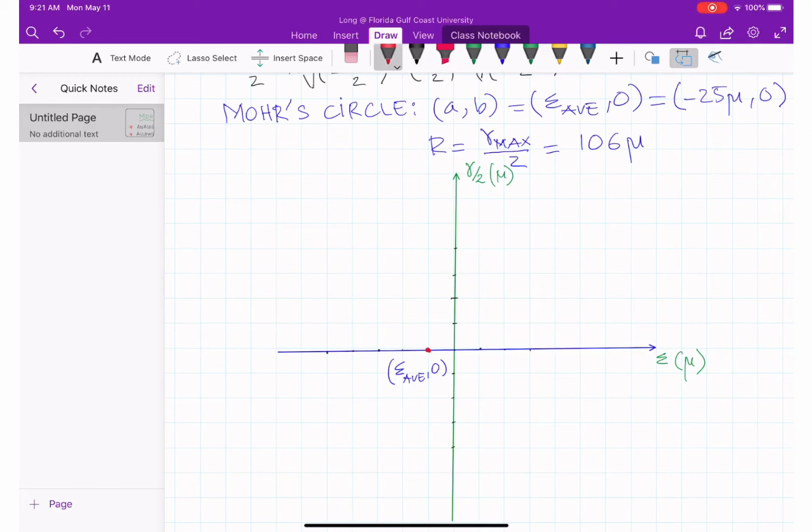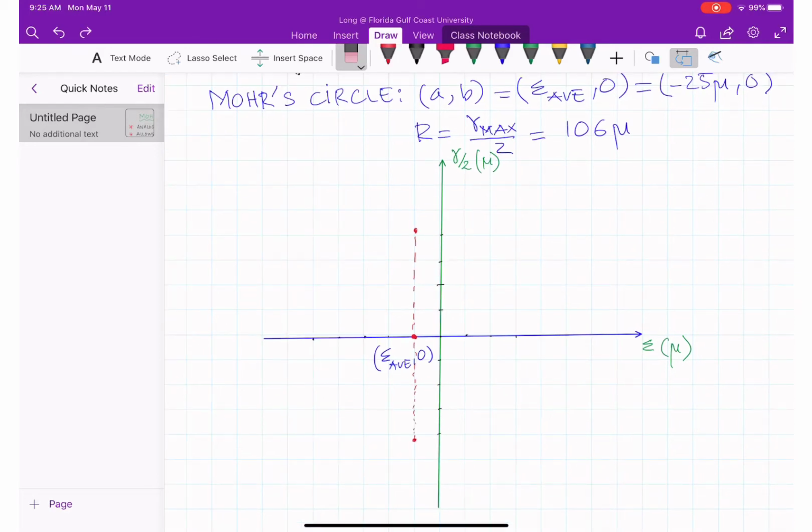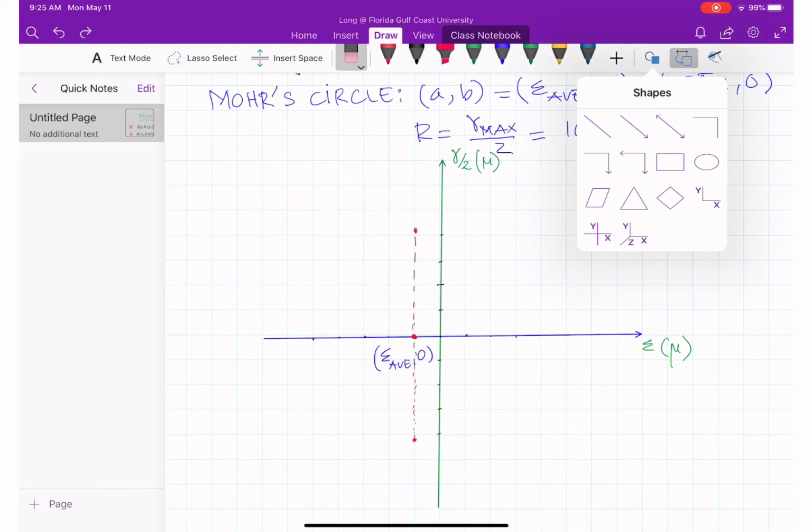From the center we can draw like here, so that is the point gamma max over 2, 106 micro. And then of course we can go down vertically, somewhere there for the gamma max over 2. Now we can go ahead to draw the Mohr circle.